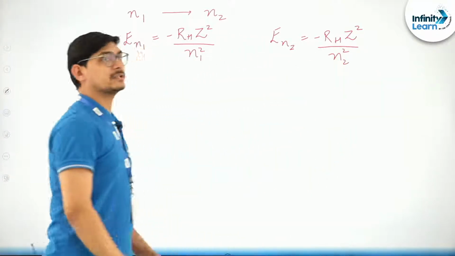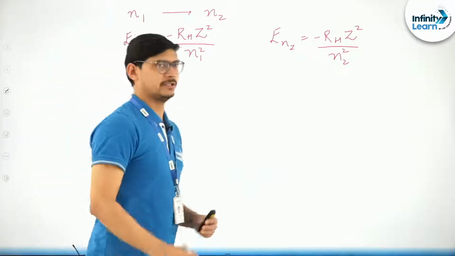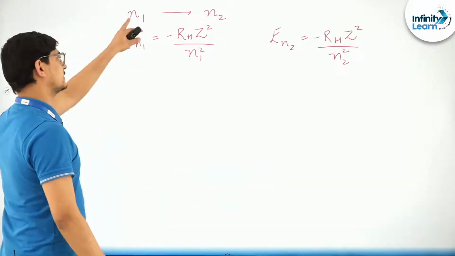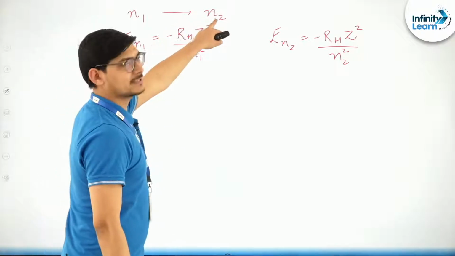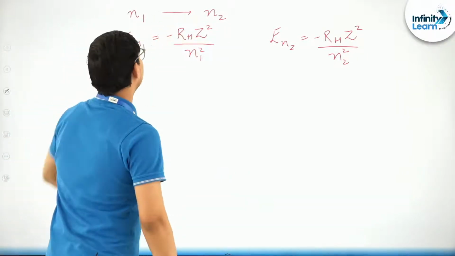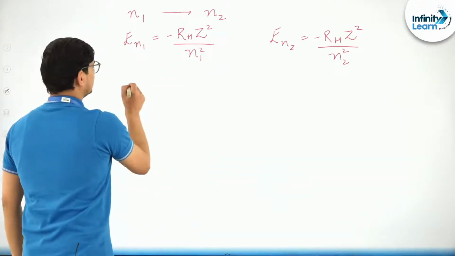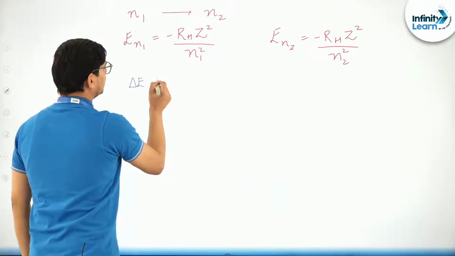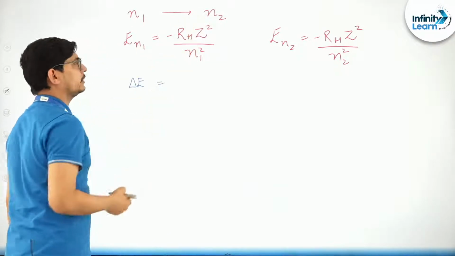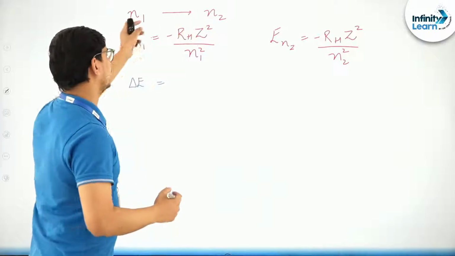So how much energy is needed to make this transition? Initially, let us suppose the electron is in this state, it wants to go into this state. So how much energy should we give so that it is able to make this transition? Obviously, the amount of energy needed if it jumps from n1 to n2, or equivalently the amount of energy released if it jumps back from n2 to n1.